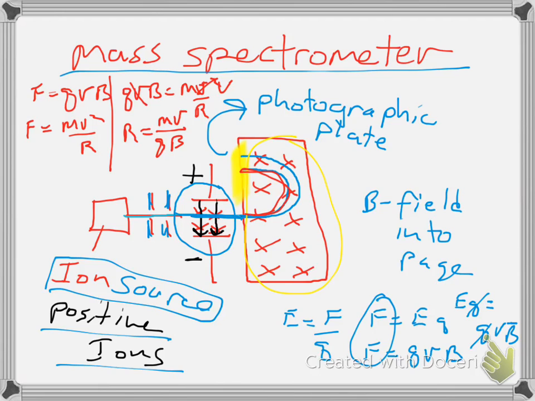qB. So let's take a look at what I just wrote here. If m is the same, if v is the same, we know that to be true because of E over B. We know Q is the same because they're all coming from the same ion source, and we know B. So what's the only thing that could cause them to hit at different places on the photographic plate? Well, it's the mass.